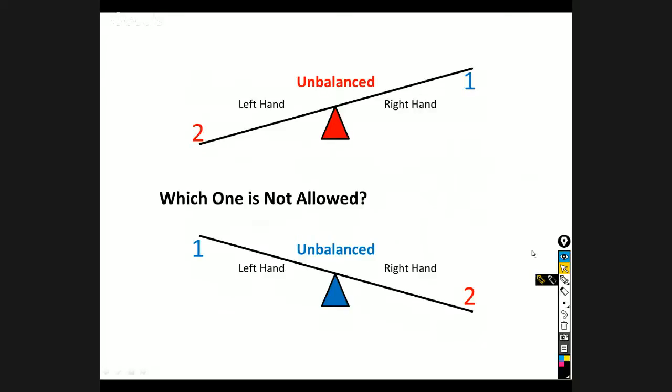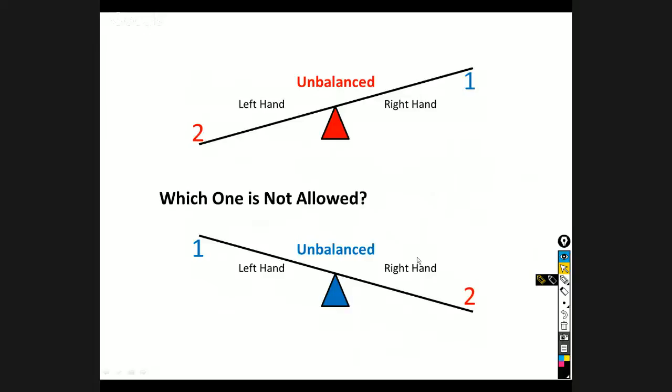But then if we go walking around to the other side of the same teeter-totter without changing anything, now the 1 is on our left-hand side and it's up in the air. And on our right-hand side, the 2 is heavier, and so it's on the bottom side. But if we're talking about speeds, which we are, and the balanced speed is the speed of light, so if we go 2 times the speed of light from over here, well, that's going to be allowed, right?